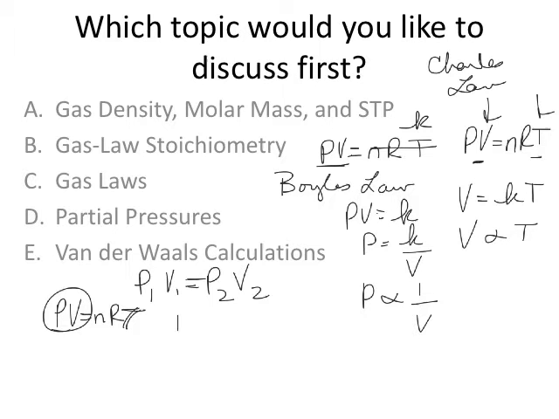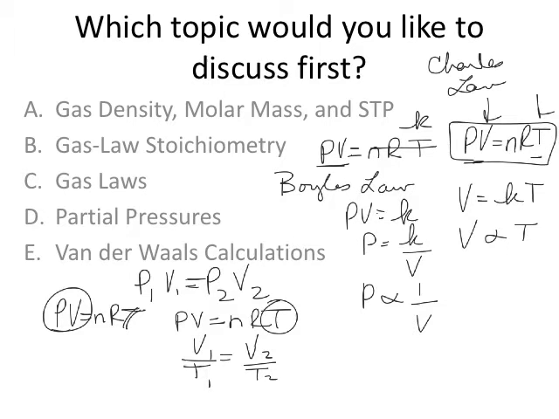Same thing with the temperature: if you want the temperature to come over here, V1 over T1 equals V2 over T2. That's another equation. What I'm trying to show you is that you really don't have to memorize anything but PV equals nRT, and the density equation that we'll talk about.